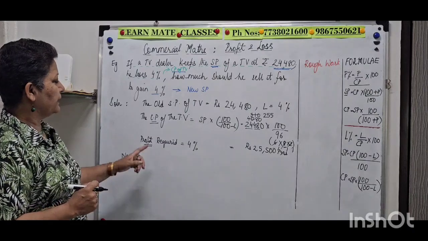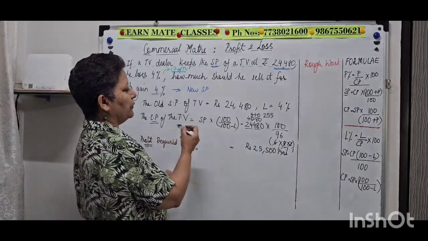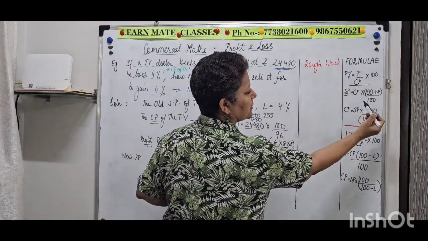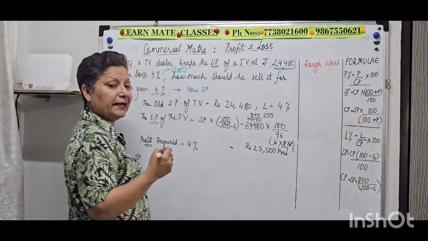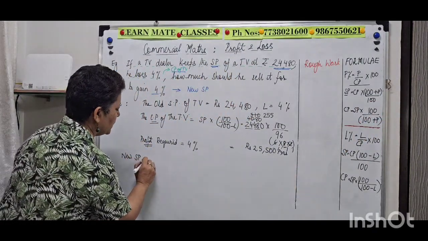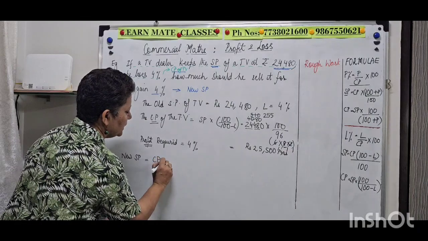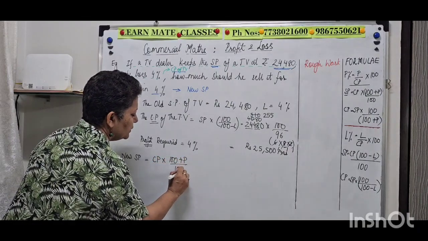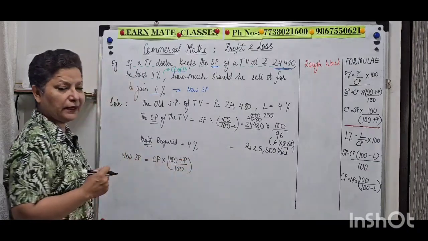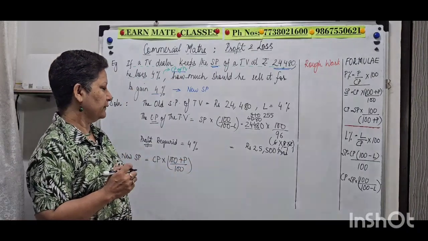How can I find out the SP when I know the profit percent and the cost price? The selling price then can be found out with the formula CP into 100 plus profit upon 100. Always put it into brackets so as to avoid any confusion.